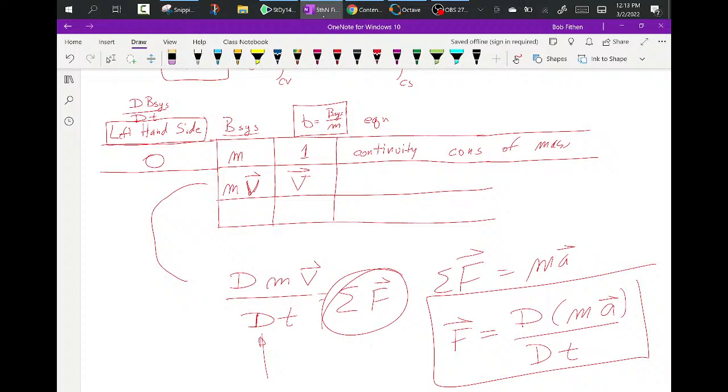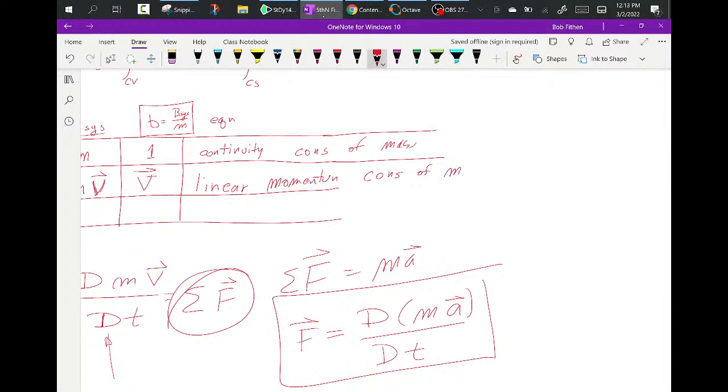However, on the left-hand side here is actually sum of the forces. And this becomes linear momentum, or conservation of momentum, depending on who you talk to. It could be written both ways.